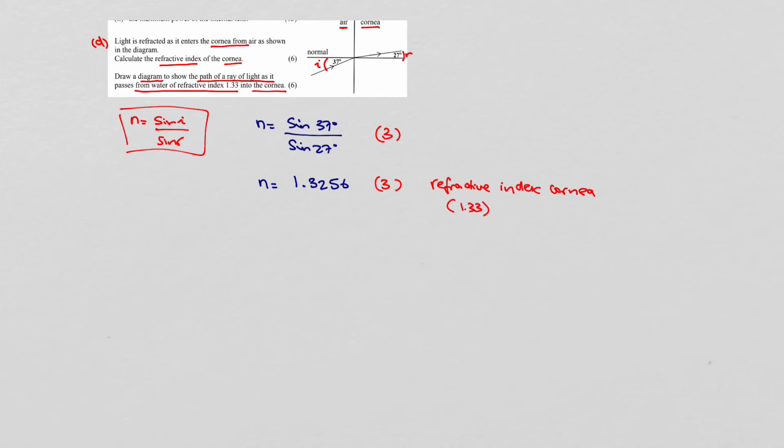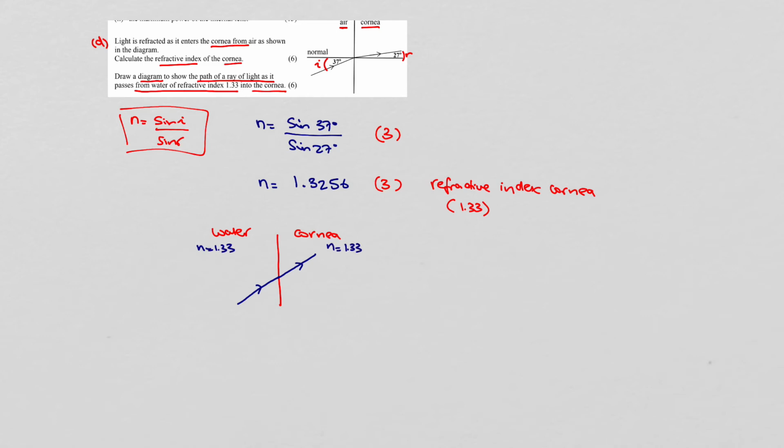And because it's the same as the refractive index of water, if we were to look at going from water into the cornea, even if it hits it at an angle, it would actually pass straight through because the refractive index of the water is the same as the cornea.